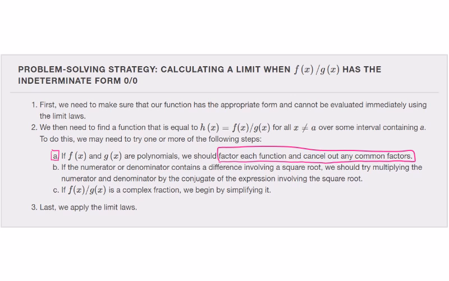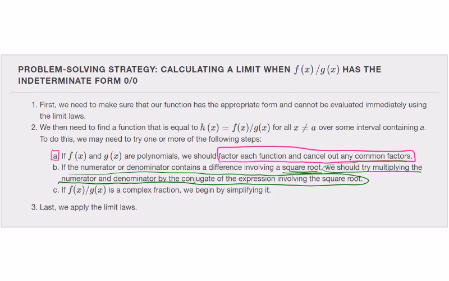Or if we have a square root, then we can try multiplying by the conjugate. Okay, so we should try multiplying the numerator and denominator by the conjugate. And I'll show you that. That's something you may have seen in Algebra 2.